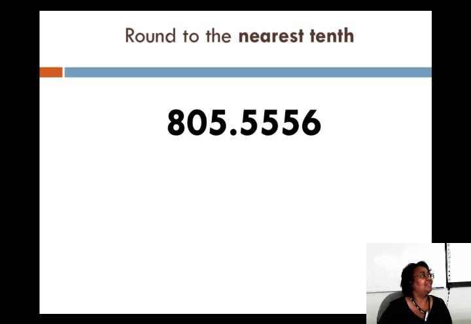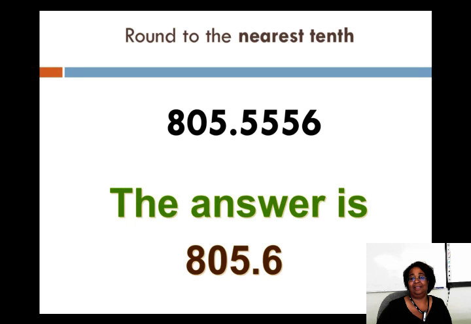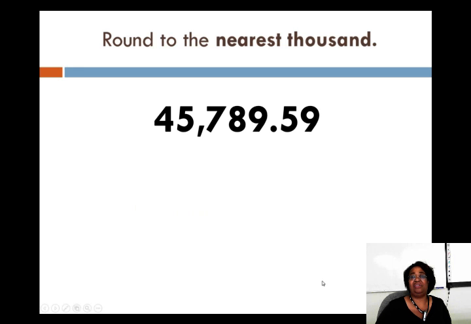Nearest tenth. 805.6. Because the tenths place is right here, we have to look right next door. This increases by 1. What about here, nearest thousand? This is easy. 46,000.